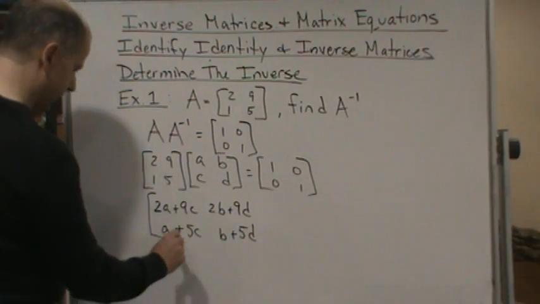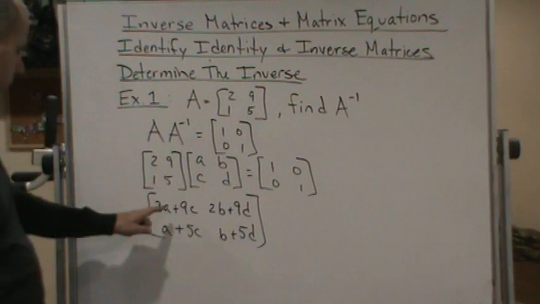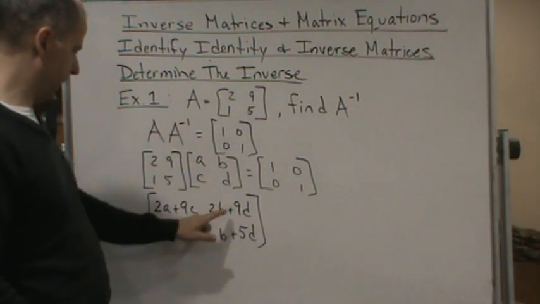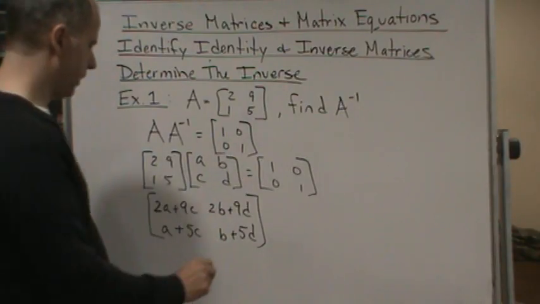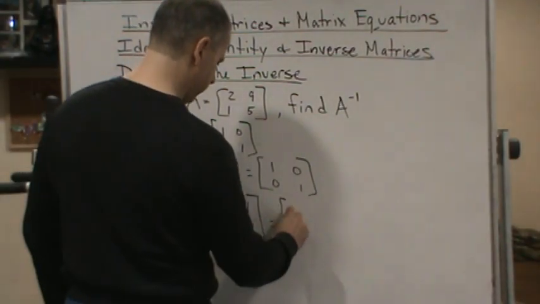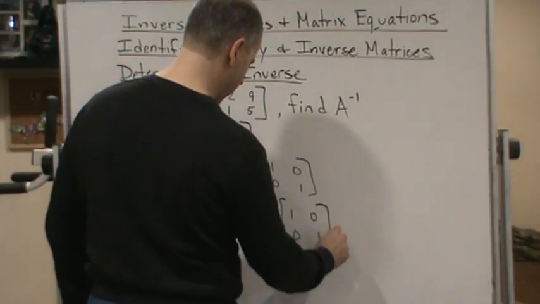So we get this matrix right here, with our 4 entries, a 2 by 2 matrix, and each of the elements is represented by these expressions, and then that's going to equal 1, 0, 0, 1.